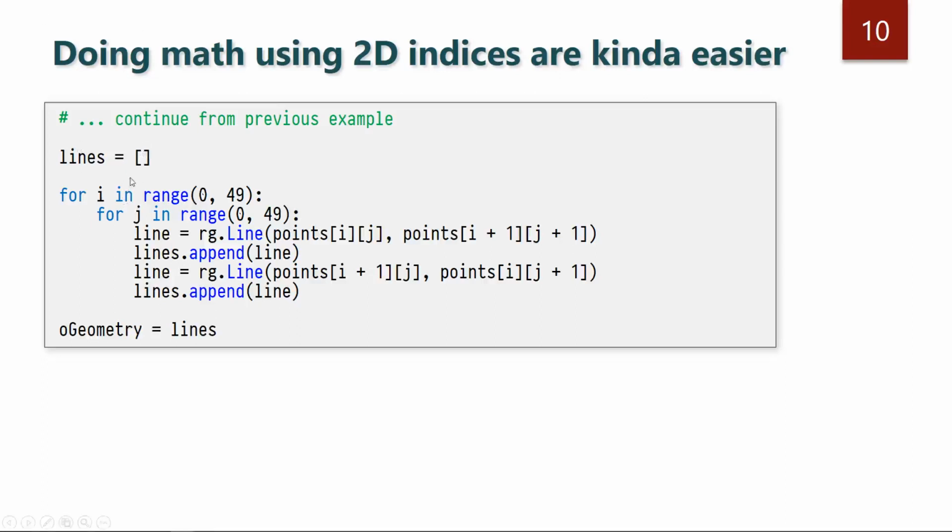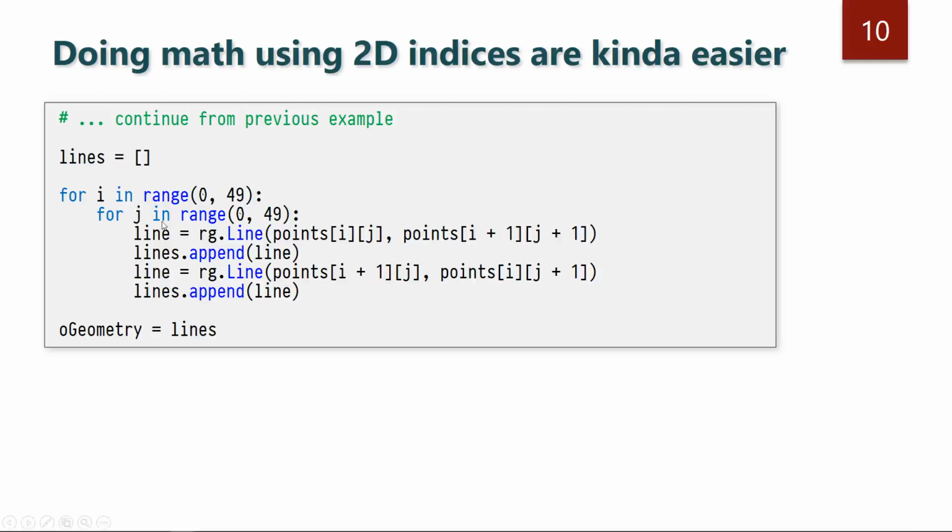Now we're going to use the for loop again to visit all of the pairs of possible indices i and j. Previously i ran from 0 to 50, range 0 to 50, but this time the for loops only run from 0 to 49. The reason will become clear in a moment.